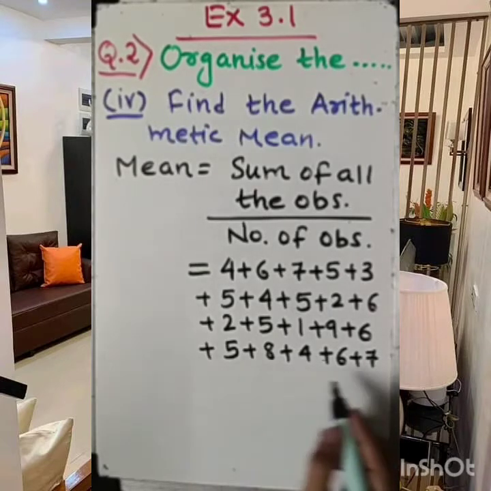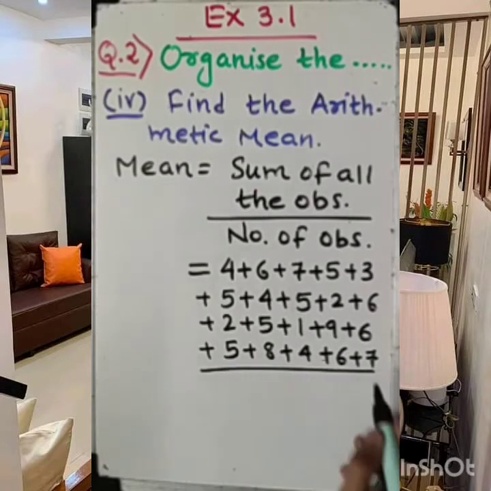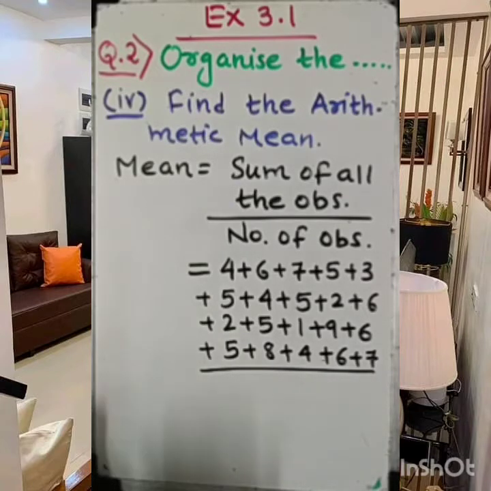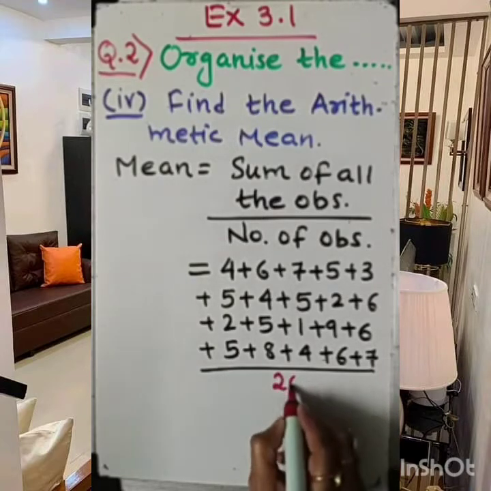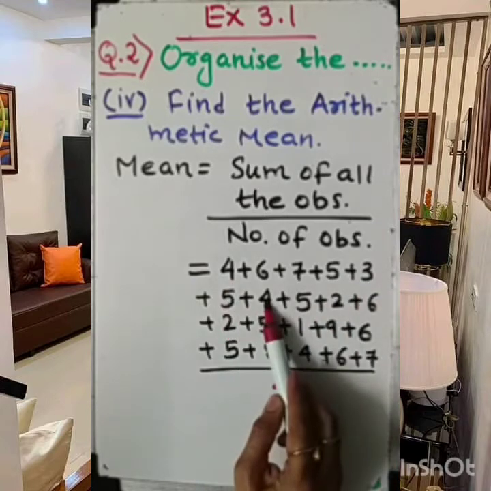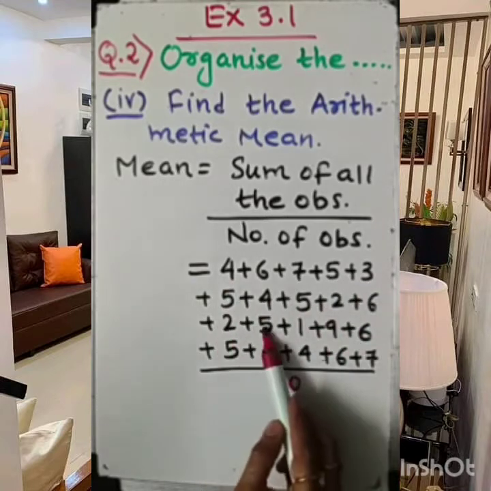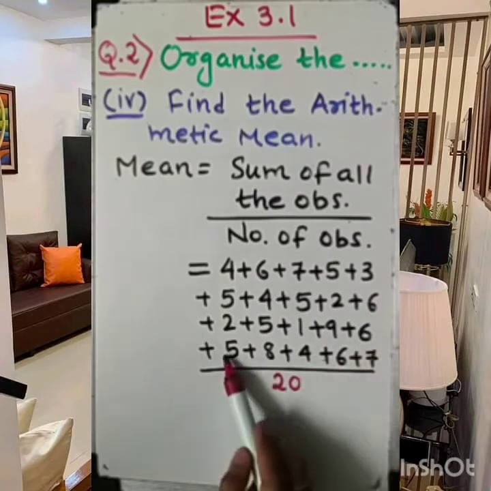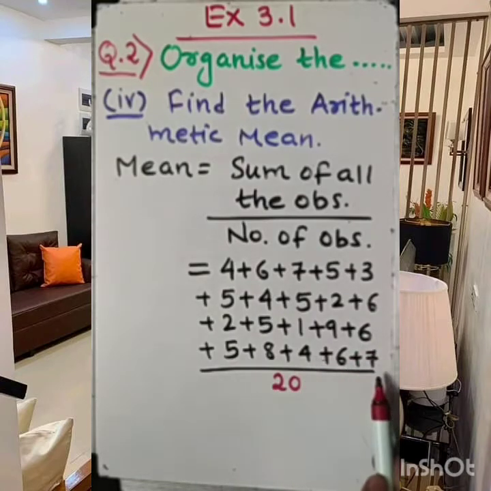Okay, these are the numbers. And dear student, what is the total number? Means total observation. Number of total observations are 20. So all these are 20. 1, 2, 3, 4, 5, 6, 7, 8, 9, 10, 11, 12, 13, 14, 15, 16, 17, 18, 19, 20.